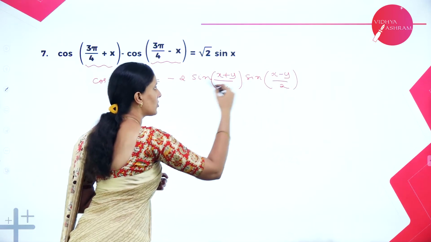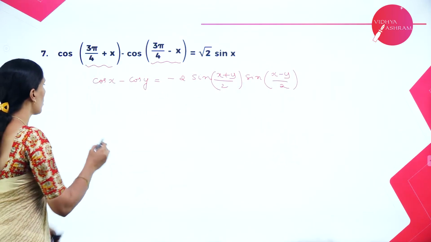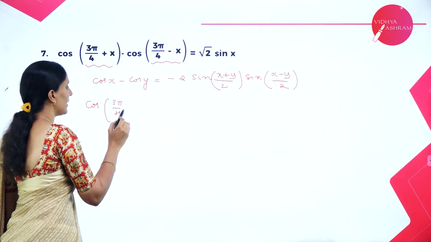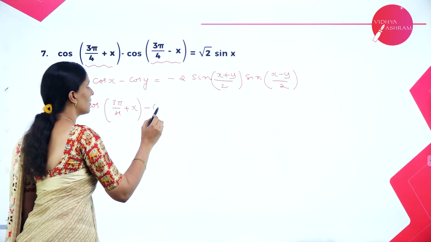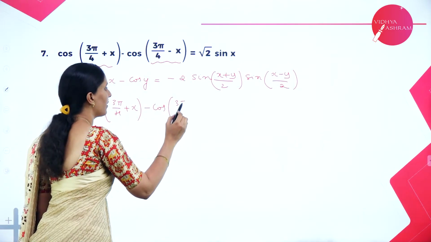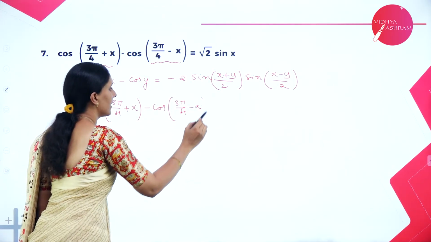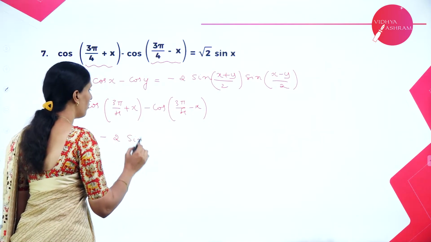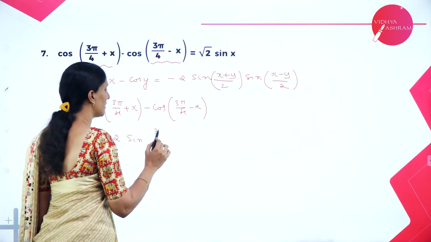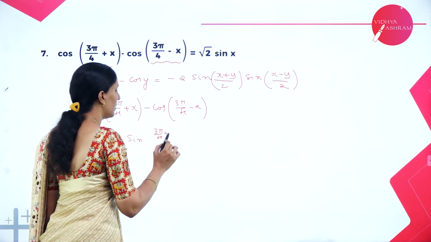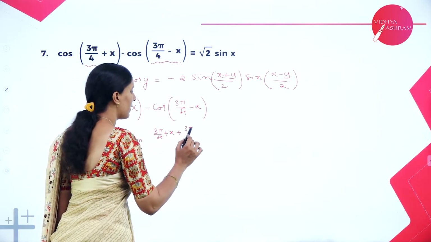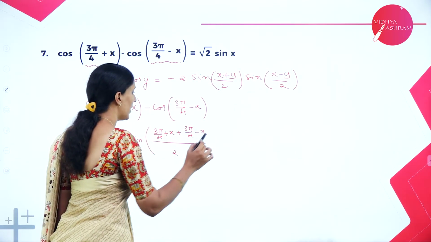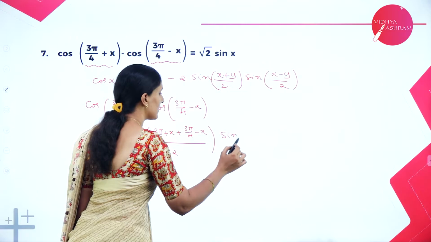So using this transformation formula here, cos 3 pi by 4 plus x minus cos 3 pi by 4 minus x can be written as minus 2 times sin of x plus y, that is 3 pi by 4 plus x plus 3 pi by 4 minus x whole divided by 2 and sin x minus y.